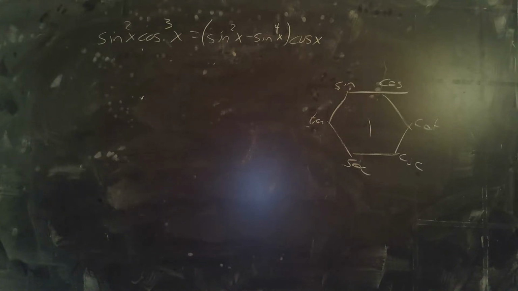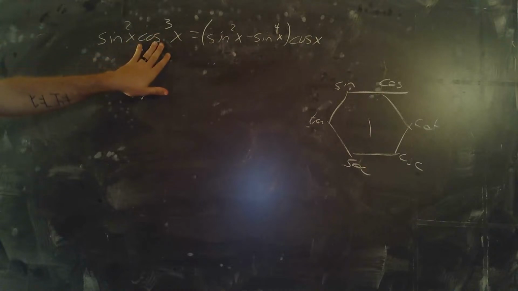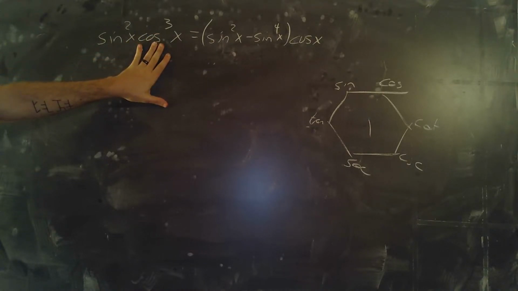Okay, so a couple of immediate things you should notice here. Cosine to the third, that doesn't have what I would consider a fundamental identity, meaning it's not one of the ones we're just going to talk about all the time. So immediately, you're probably not going to do anything with this side because that's cosine to the third, and we don't have any fundamental identities for that.